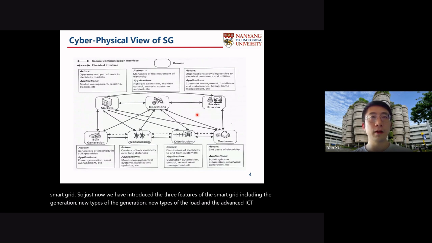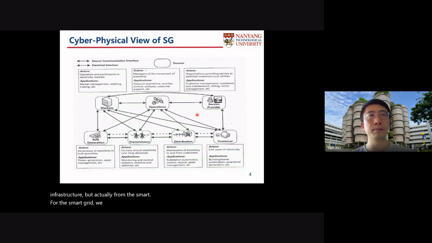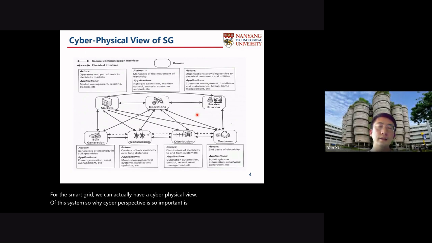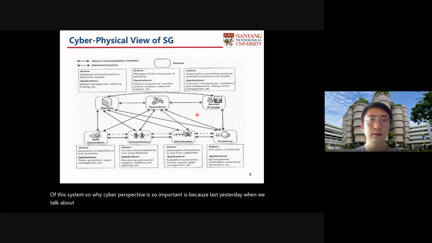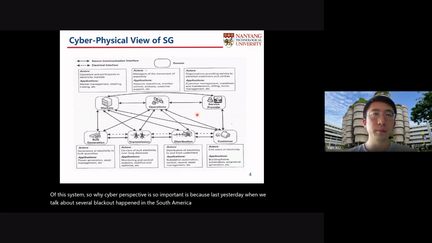But actually, for the smart grid, we can have a cyber-physical view of this system. Why is the cyber perspective so important? Yesterday, when we talked about several blackouts that happened in South America and Europe many years ago, that blackout was caused by cyber attack.